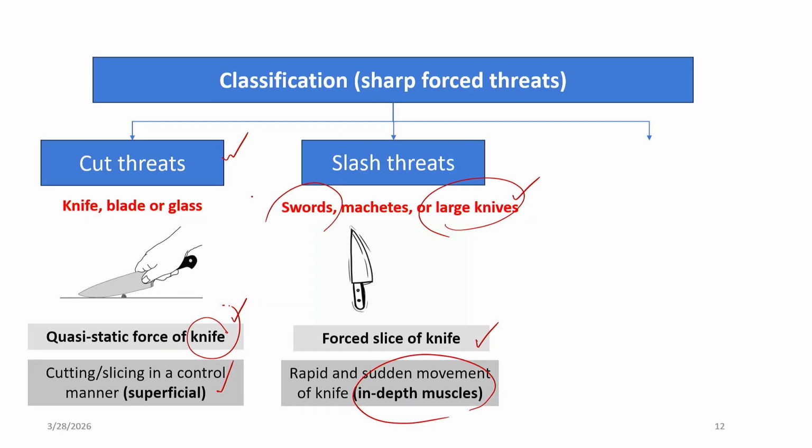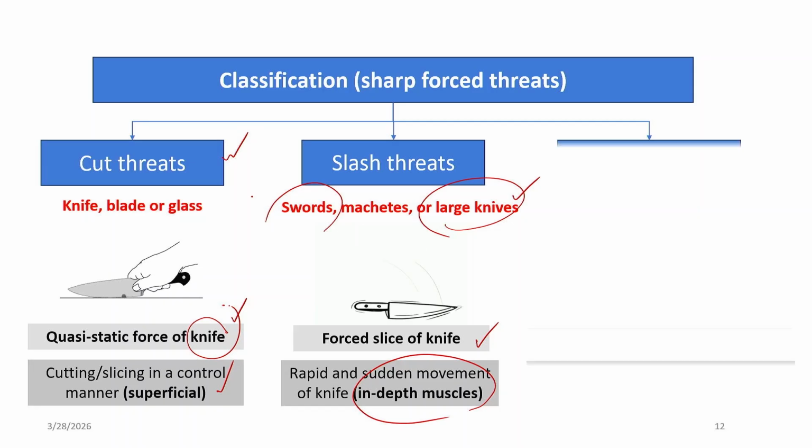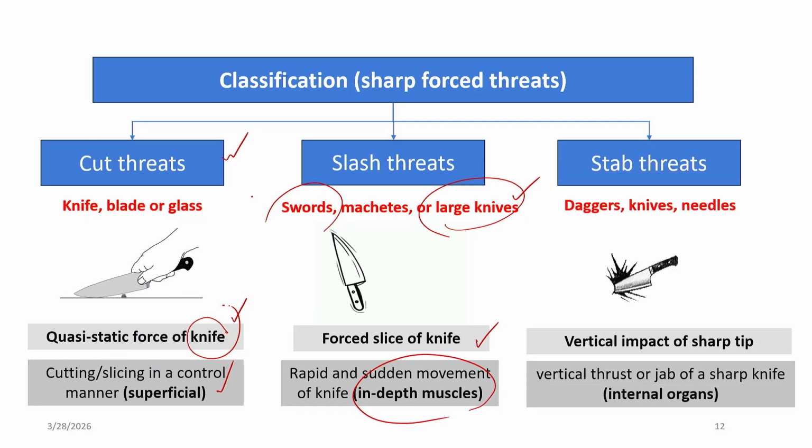And the third type of sharp force threat is stab related threats. The sources of stab related threats are basically daggers, knives, needles, which penetrate vertically. From this picture it is very clear that the stab goes vertically and penetrates into our body.